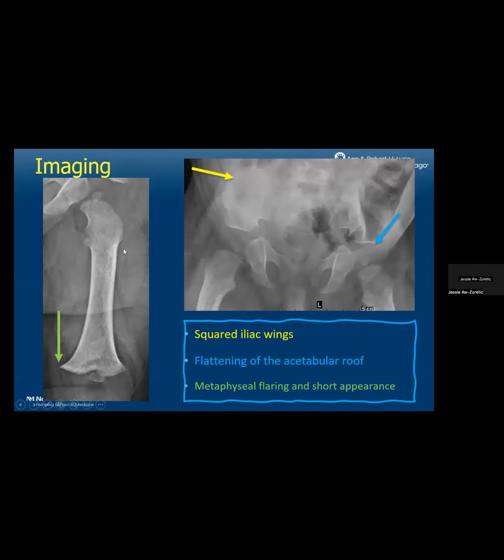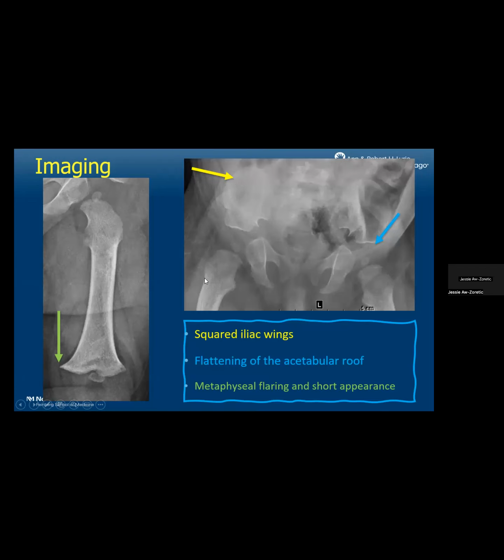They also have additional anomalies with flattening of the roof of the hip joint, the acetabular fossa. You have metaphyseal flaring, a short-limbed appearance, and squared iliac wings.